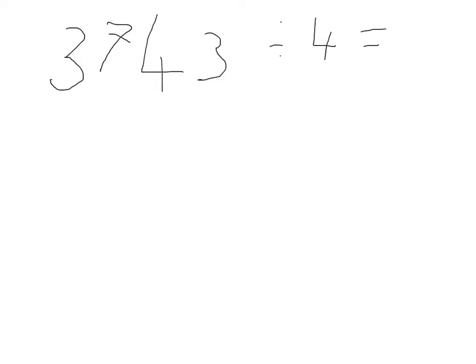First, you need to write down the sum. For example, ours today would be 3,743 divided by 4. And then you need to do the bus, oh, I've done it wrong. First you need to write the sum.